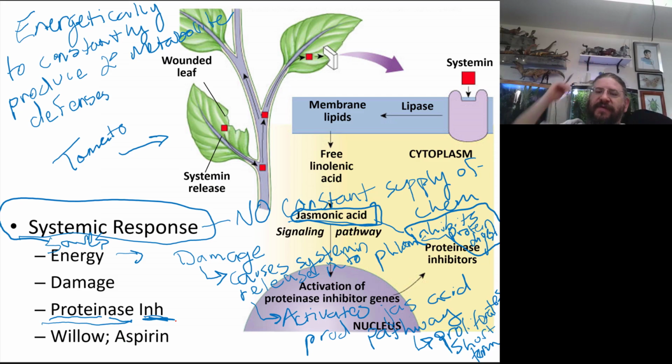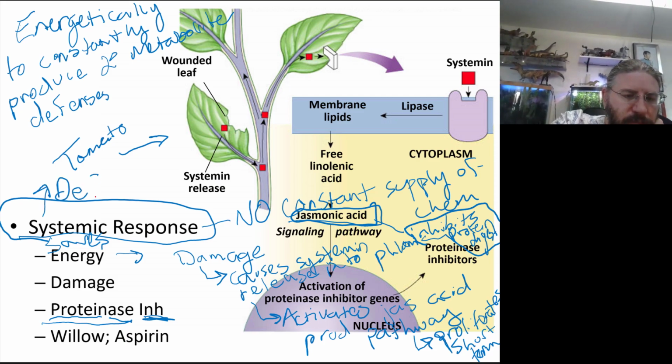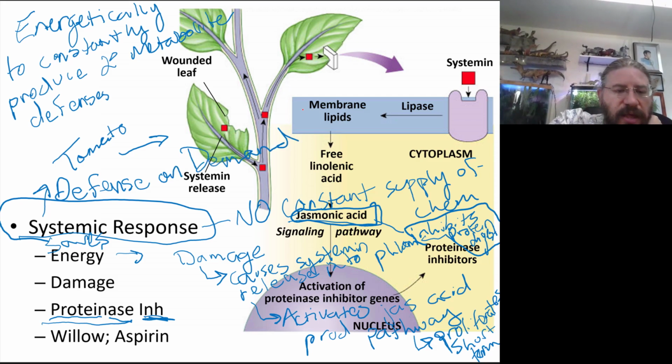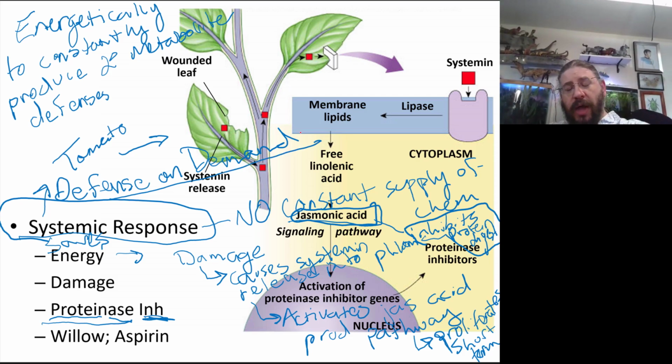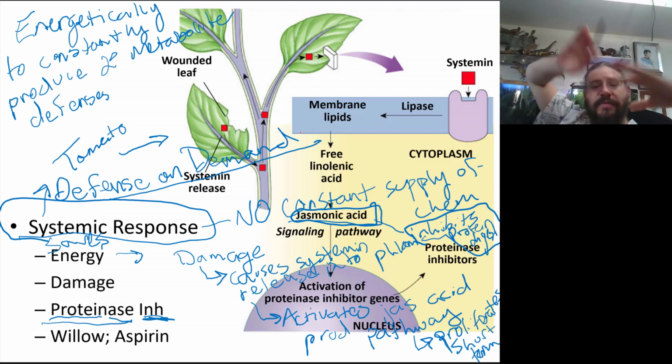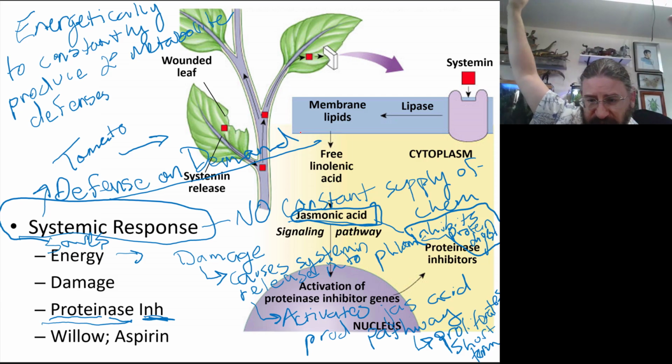So it's a defense on demand. Much less costly. A lot more complicated than just cranking out cyanogenic glycosides. And there's a delay: you're restricted by the amount of time it takes jasmonic acid to build up in the plant to a defensive level.